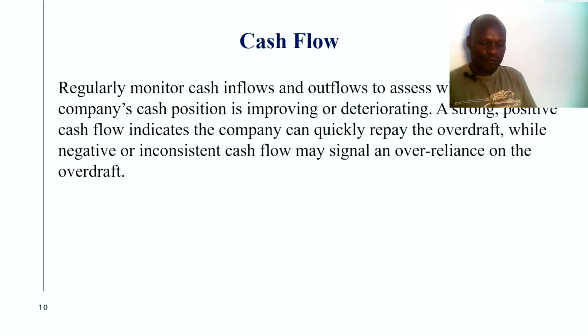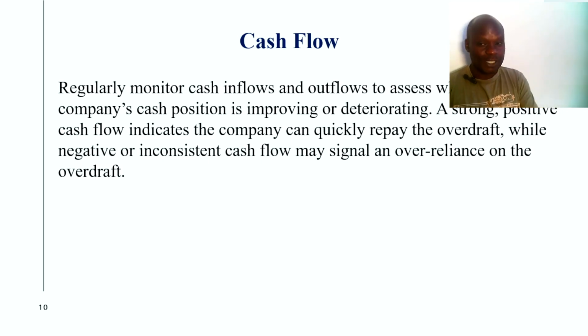So cash flow, first thing you need to keep your eye on is regularly monitor cash inflows and outflows to assess whether the company's cash position is improving or deteriorating. A strong positive cash flow indicates the company can quickly repay the overdraft, while negative or inconsistent cash flow may signal an over-reliance on the overdraft.